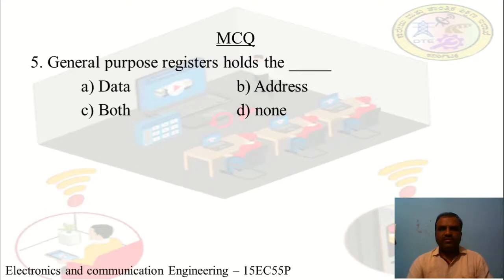Next question, general purpose registers hold the dash. Option A, data, option B, address, option C, both, option D, none of the above. And the correct answer is general purpose registers hold both data and address.